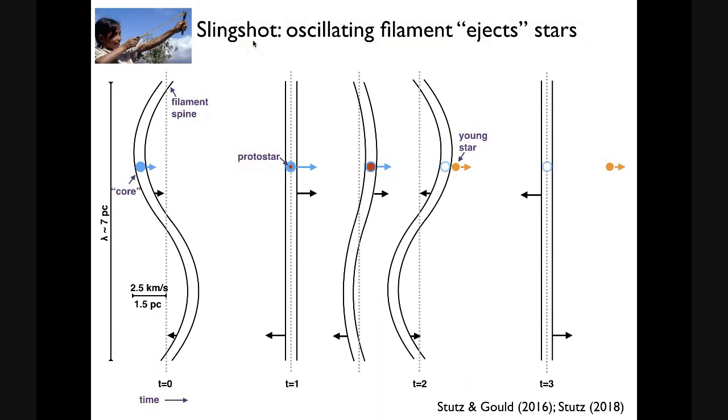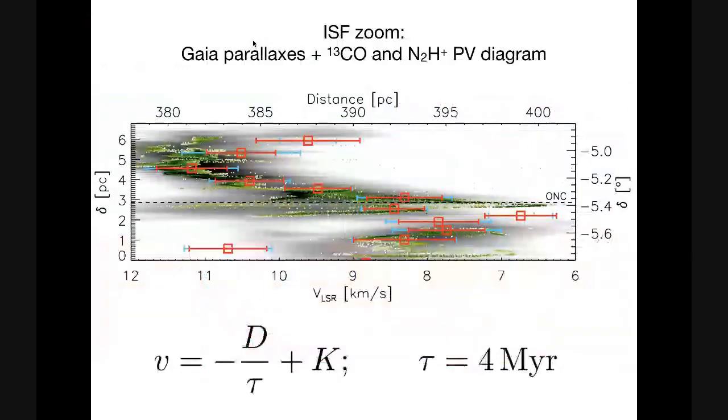So the larger the displacement, the larger the velocity pushing it back. So it's going in and out. Where's the evidence? The top axis is the position from the binned parallaxes, and the bottom axis is the velocities.